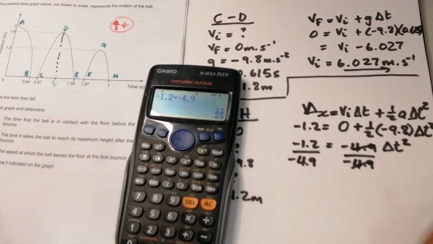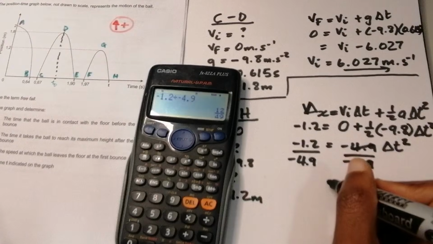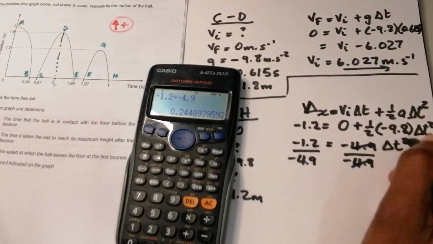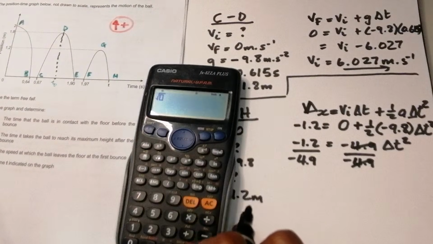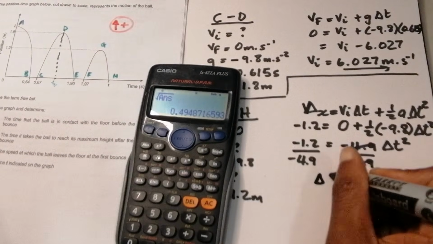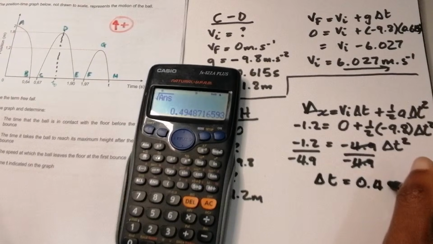If you divide by a negative, it gives you a positive, right? So this is the answer that I get. But remember this is delta t squared, so I must take the square root of that answer, and I get that delta t is 0.495 seconds.